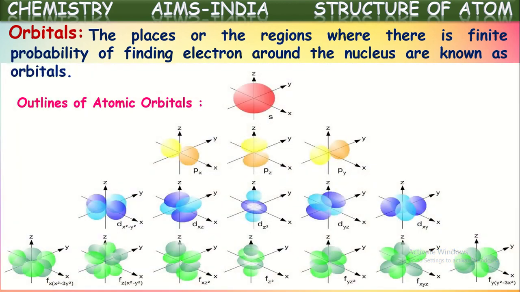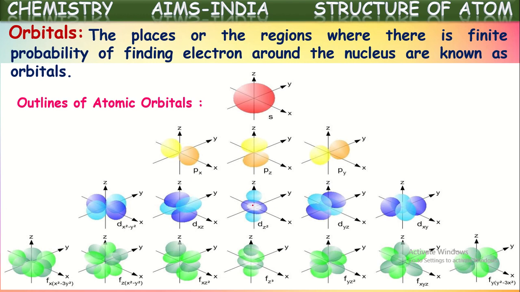The s orbital is in spherical shape, and p orbitals are in dumbbell shape in 3 orientations. If you see d orbitals, the four-fold double dumbbell shape, meaning 2 dumbbells with 4 loops totally. 5 orientations are possible in d orbitals.